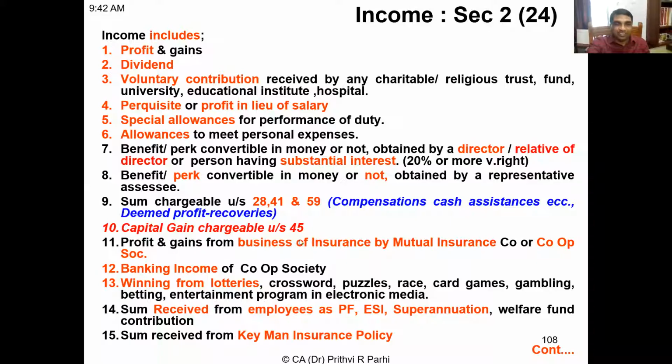Now you cannot argue. Entertainment program in electronic media is included. So any money you earn from an entertainment program in electronic media is income. There is no argument here. And all kinds of races are included because it only says race. But if you refer to the old Income Tax Act, maybe 10 or 15 years back, you will not find these words here. Okay, understood?